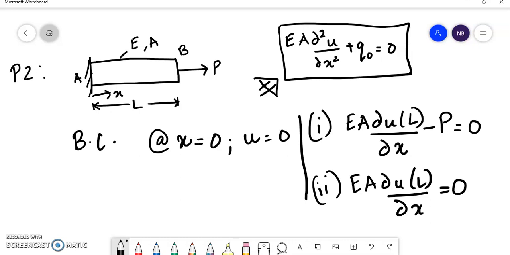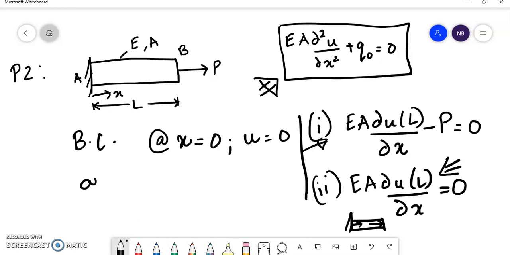This boundary condition we used in the previous problem, where we had a bar element subjected to uniform axial load throughout its length. In problem 2, we are going to use this essential boundary condition.